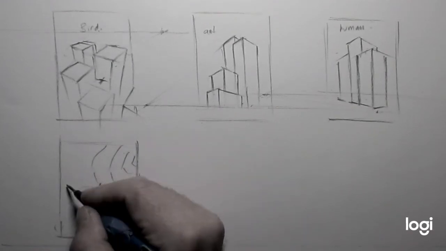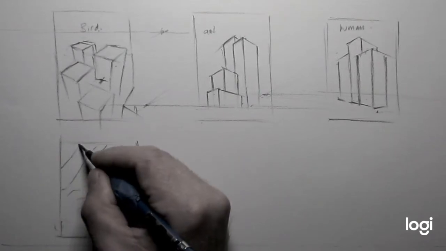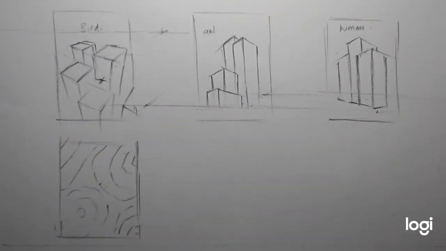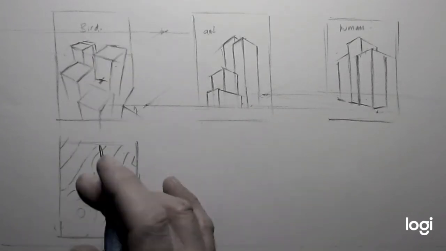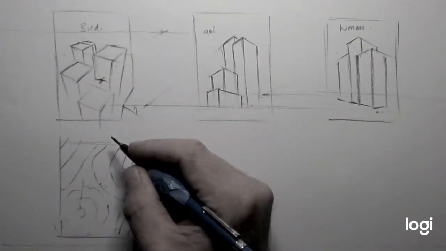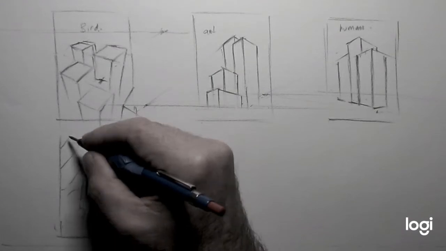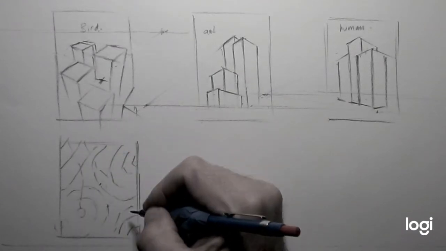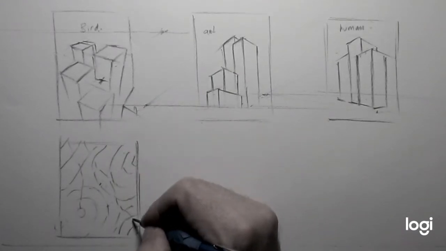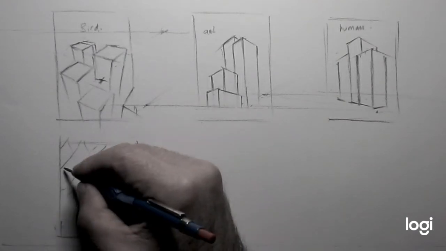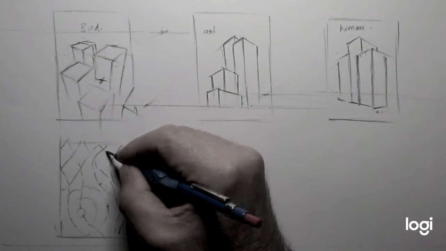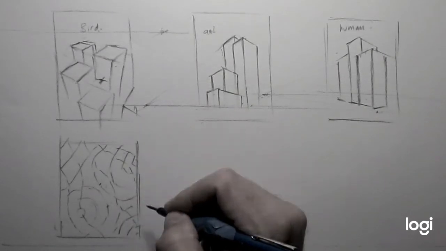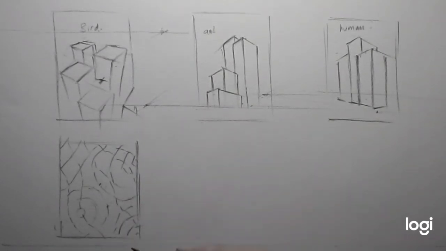Over here it's going to be more gradual. This is looking down on the land, and you can make cross contour lines crossing in any number of directions. And that helps convince the viewer of the shape that they're looking at.